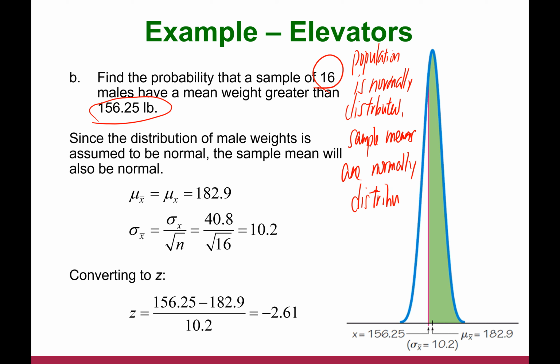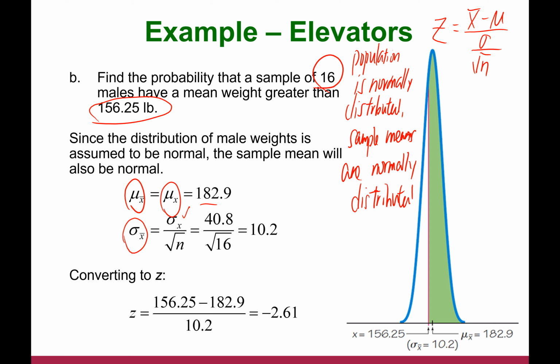Then we're going to apply the central limit theorem here. The essence of the central limit theorem is the z-score equals the sample mean minus the population mean mu, over the population standard deviation over the square root of the sample size. The mean of all the sample means equals the population mean, 182.9, and the standard deviation of all the sample means equals the population standard deviation over the square root of the sample size.